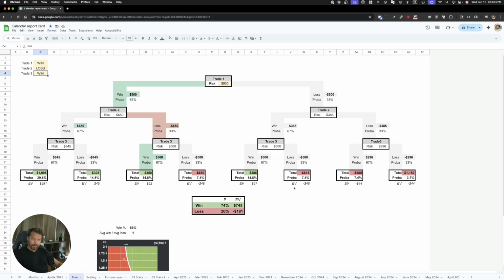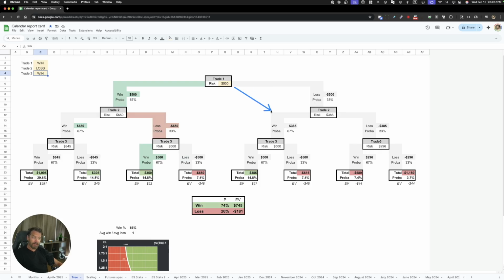So in summary, you start with your initial risk. You place your stop loss so that if the trade goes against you, you lose $500. If you lose, you reduce the risk 30%, and now your risk is $385. So remember, your win percentage is 66%. It means that 2 out of 3 trades are, on average, winning trades.